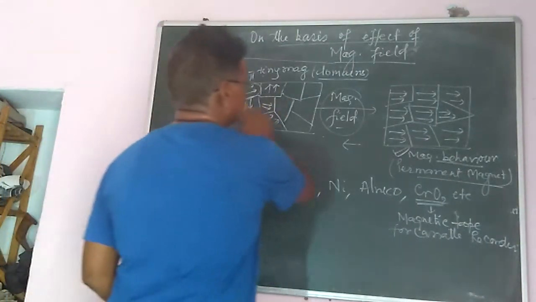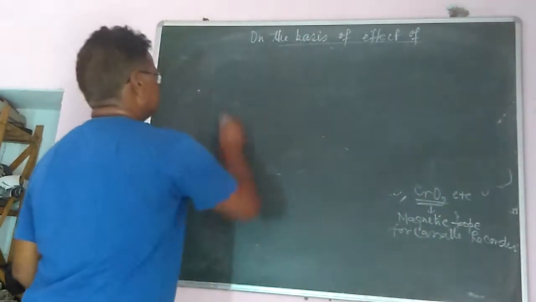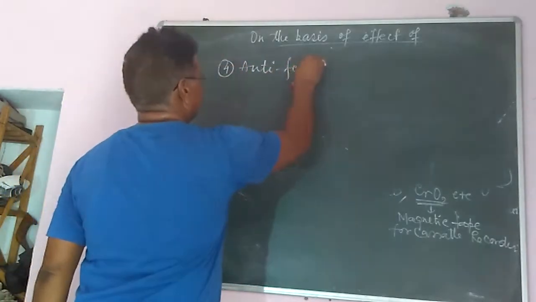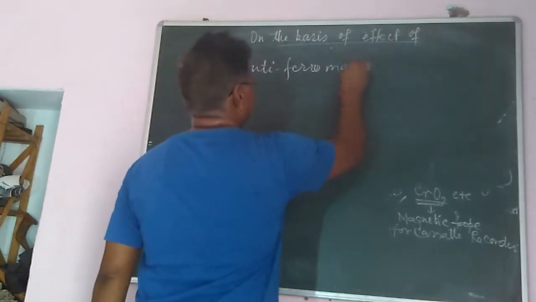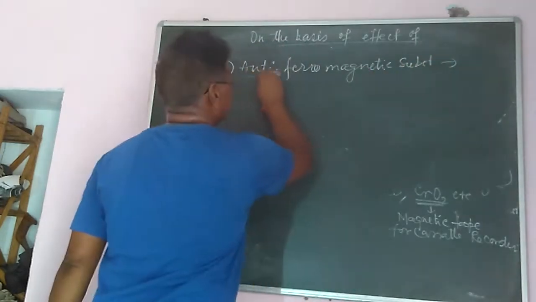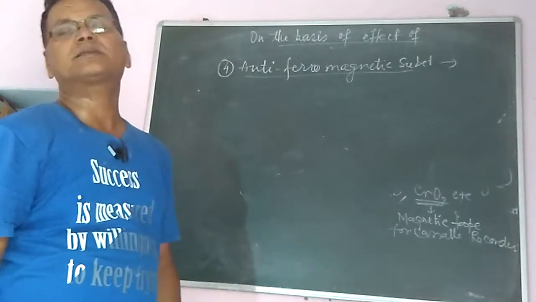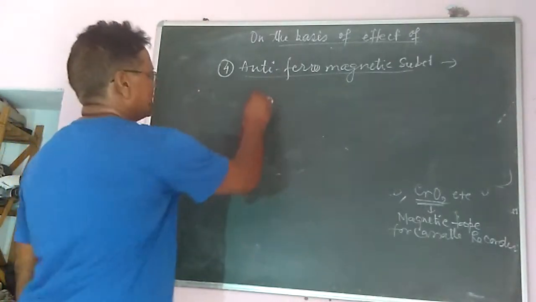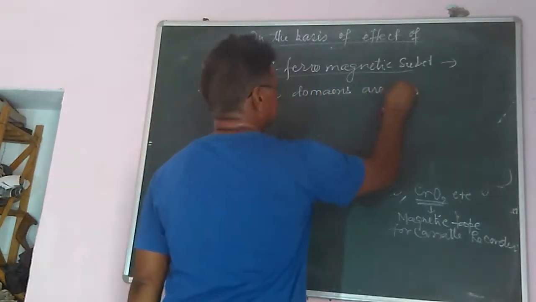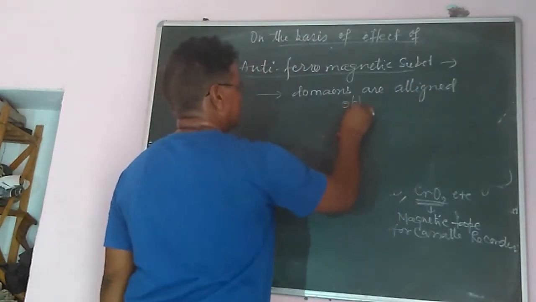Now the next, the fourth, that is the antiferromagnetic substance. In this substance, antiferro means the domains are aligned opposite to each other.